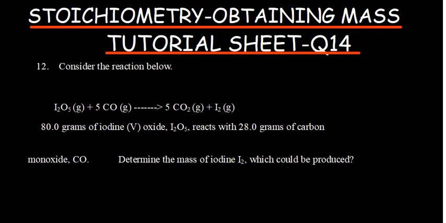So before we do anything, we're supposed to find out which one between the two reactants was in the limiting state. We are going to use that to get the mass of the iodine gas that was produced. So let's jump into the whole procedure here.